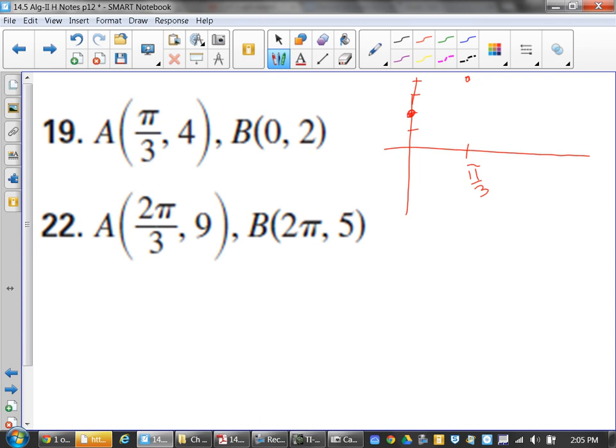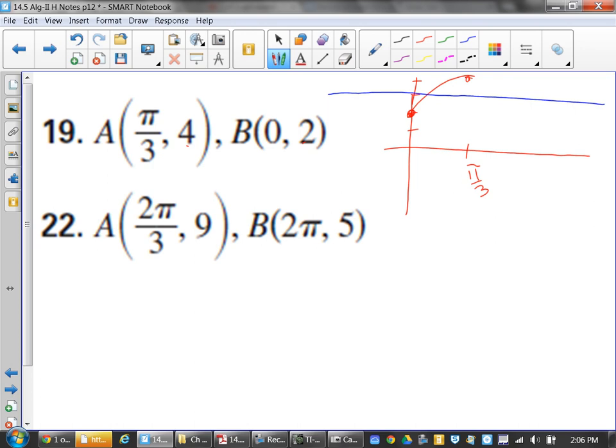So if your minimum was here, your maximum's here, what happened? Shifted. Where did it shift? Up. How much did it shift up? 3. Shifted up 3 because if this is your maximum, this is your minimum, what's halfway between 2 and 4? 3. So there's your new origin, if you will.